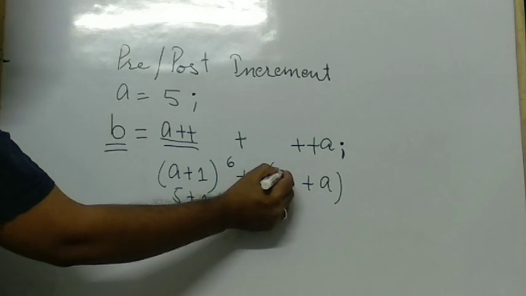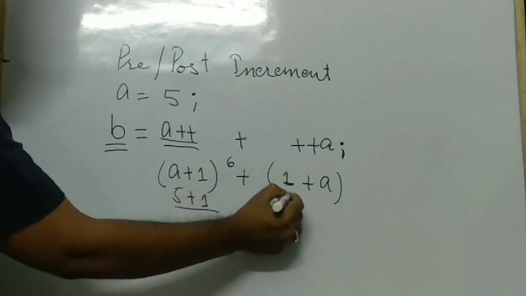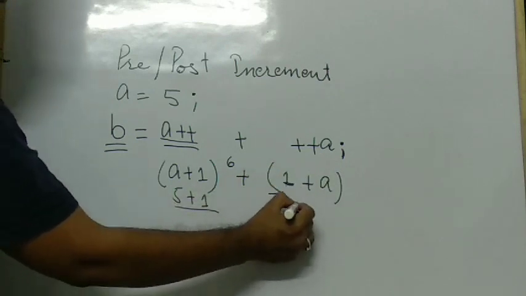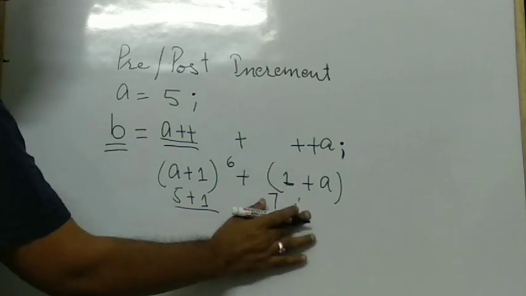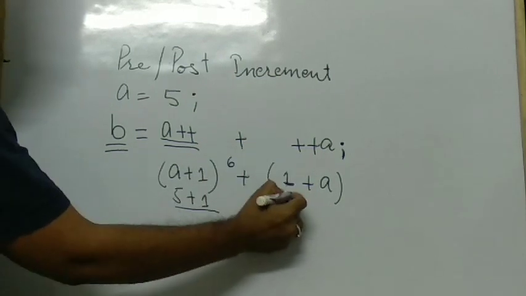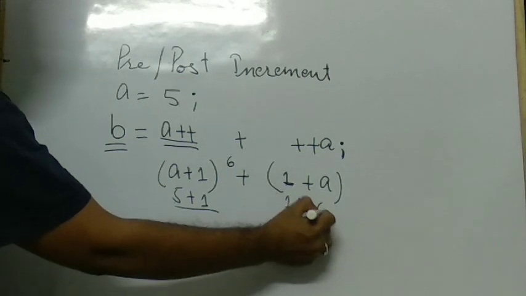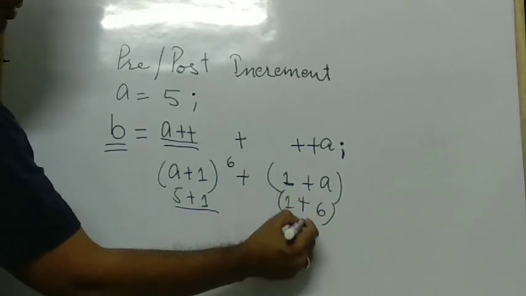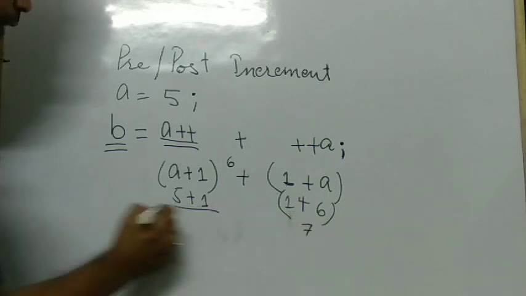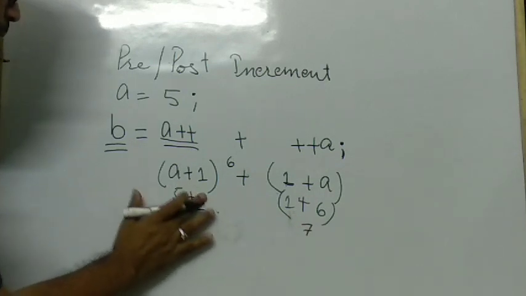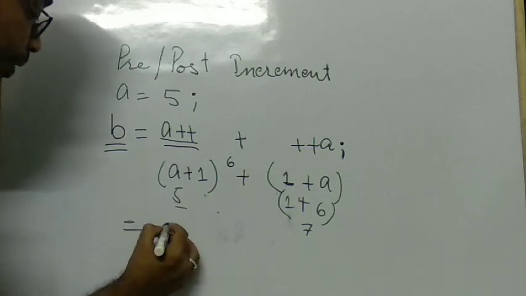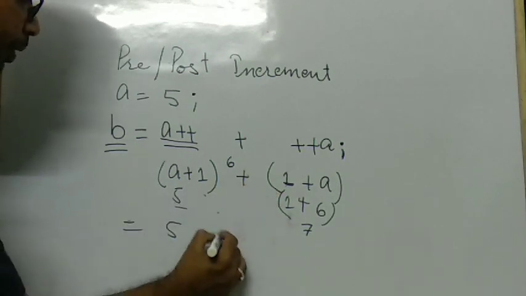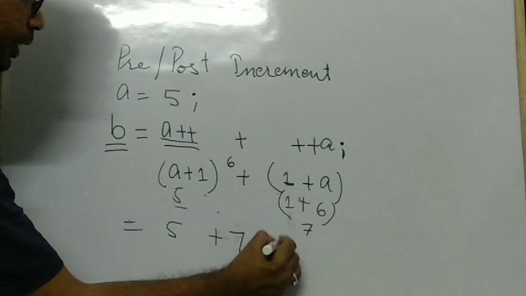This 6 is transferred here. 6 plus 1 is 7. Plus 6, the value of 1 plus 6 is 7. So here the value of a remains the same 5, and here it becomes 7, that is 12.